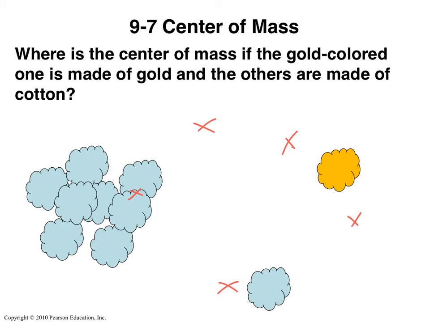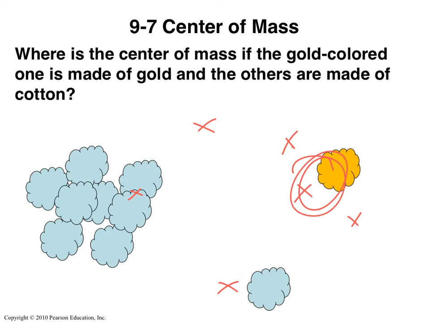Actually, it's not heavier, it's more like denser. We'll talk about that maybe at the end. So where do you suppose the center of mass is? It will be close to the gold because that's where most of the mass is.